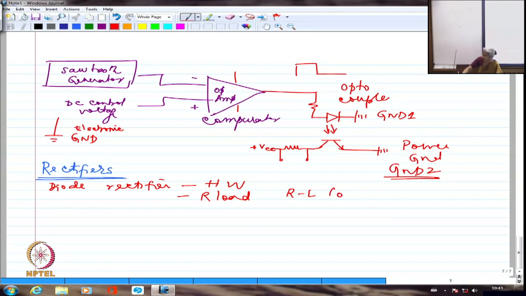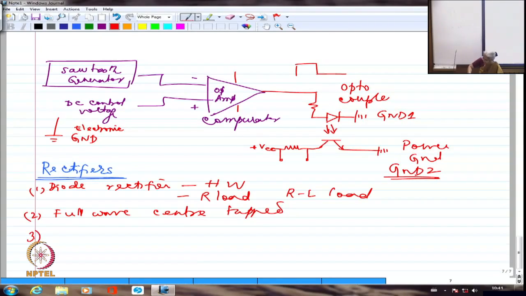We'll start off with this first, right? Then we will go to the same diode rectifier, maybe full wave, but we look at the center tapped rectifier.